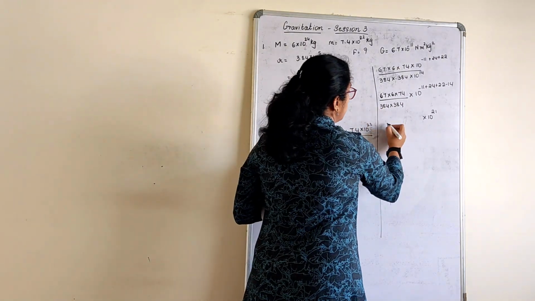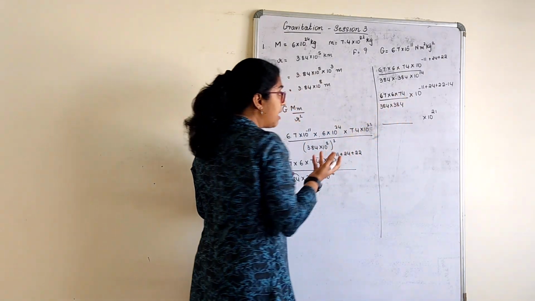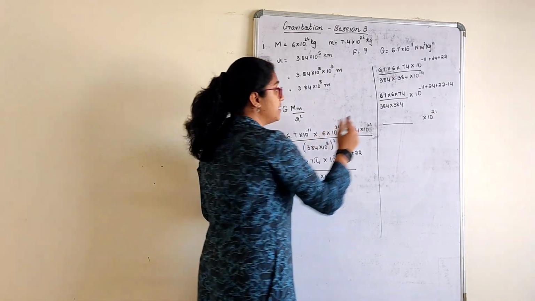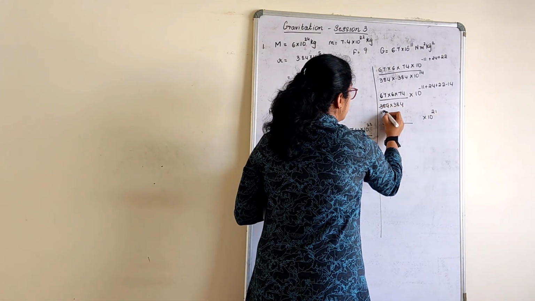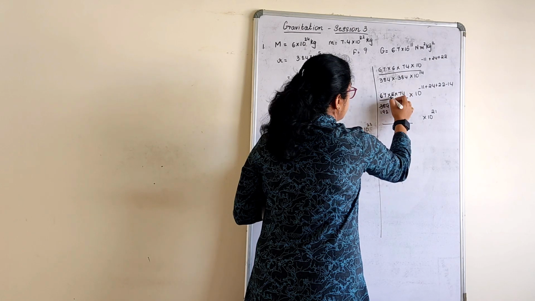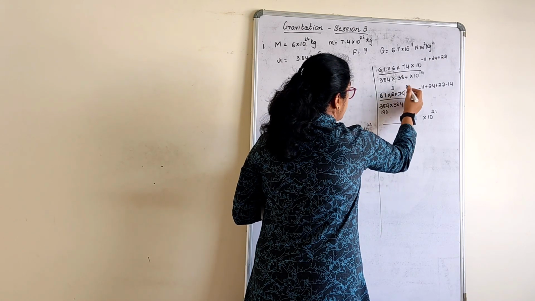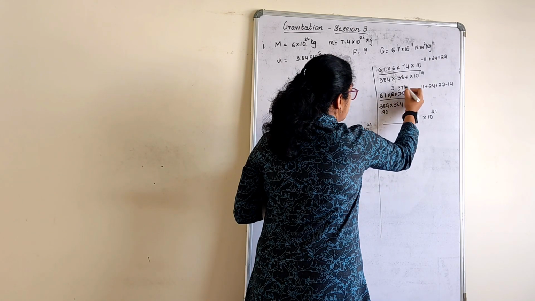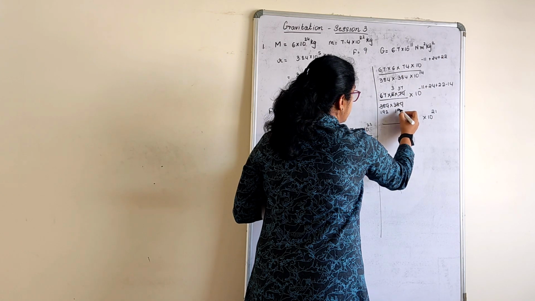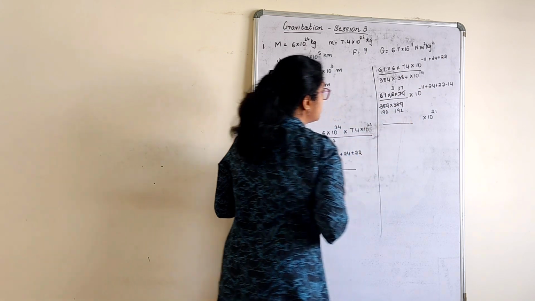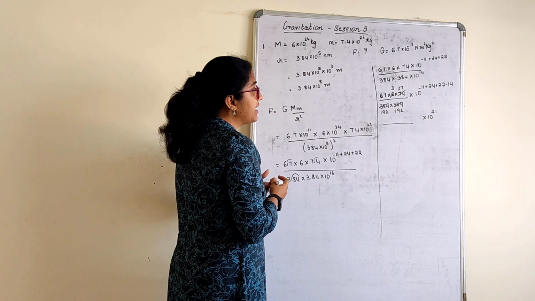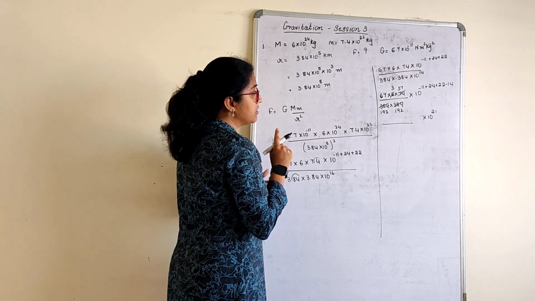Here what I will do now is, as much as possible, I will just cancel it. 2 ones are 2, 2 nines are 18, 2 threes are 6. 2 threes are 6, 2 sevens are 14, 2 ones are 2, 2 nines are 18, 2 twos are 4. So in the numerator we have 67 into 3 into 37.